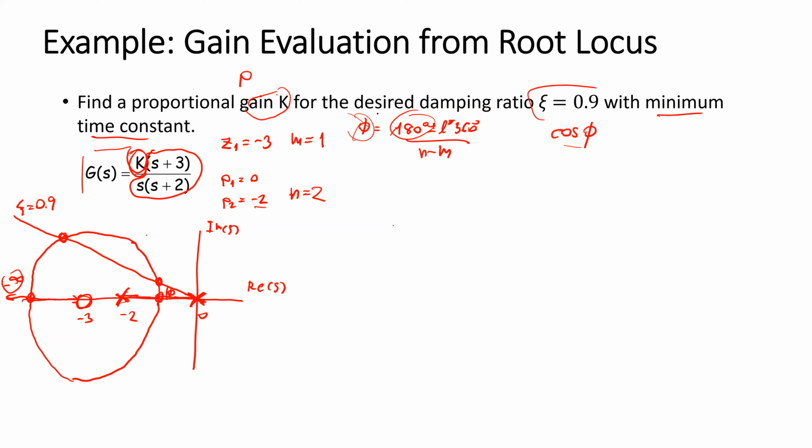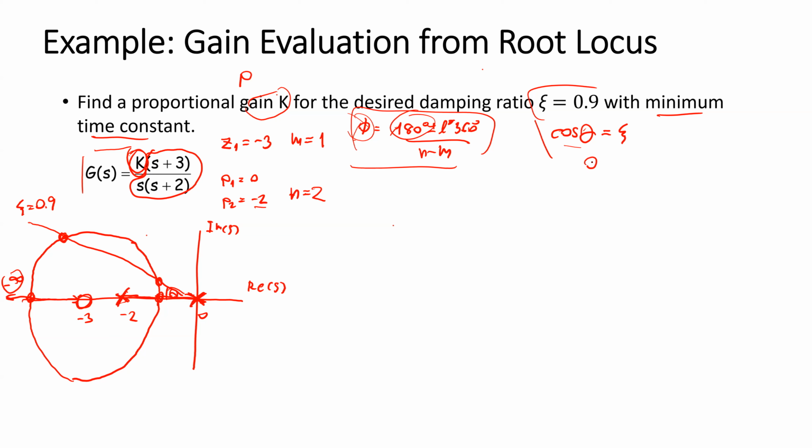This is the angle of the asymptote, but this is the angle of the constant damping ratio line. Normally they use the phi, but yeah, cosine of the angle is equal to the damping ratio.